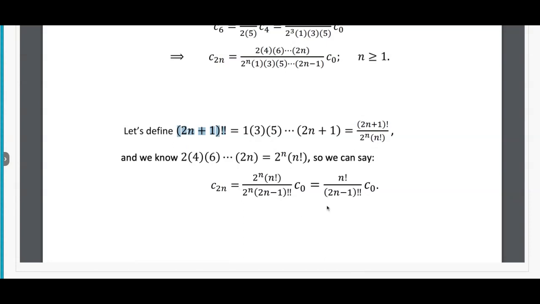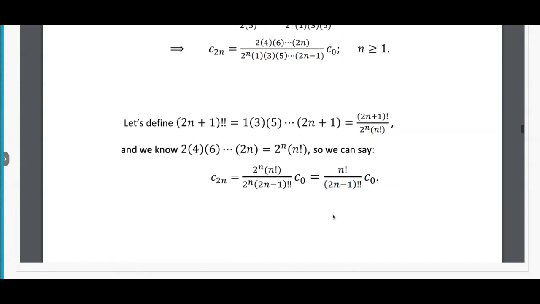So in that case, we can write it in this version. We have 2n minus 1 with a double factorial. Well, this is just a temporary definition for a nice looking expression. You don't have to do this. But in any case, we find for the even terms we have such a relation. So the 2nth term is a scalar of C naught.